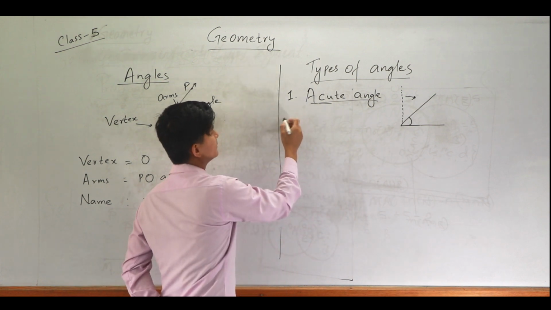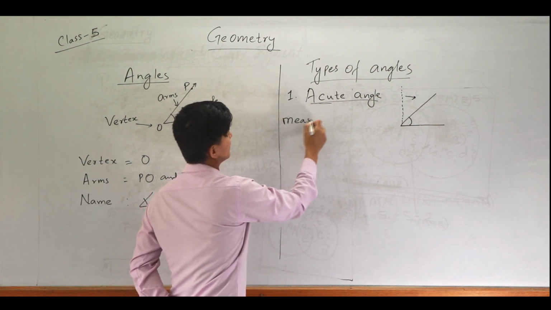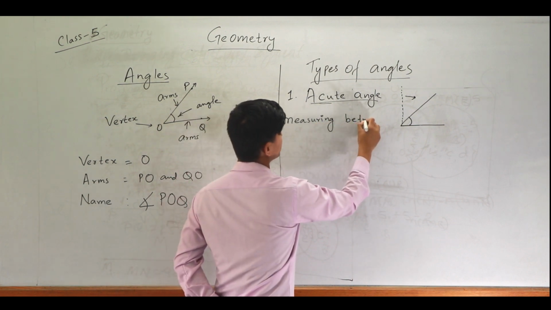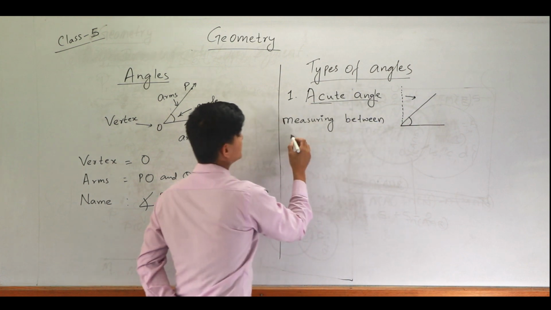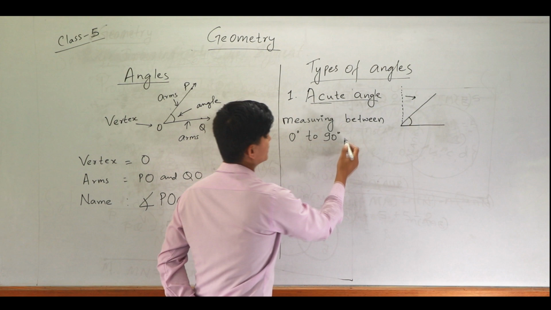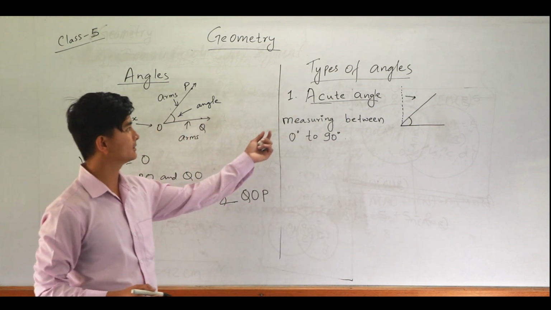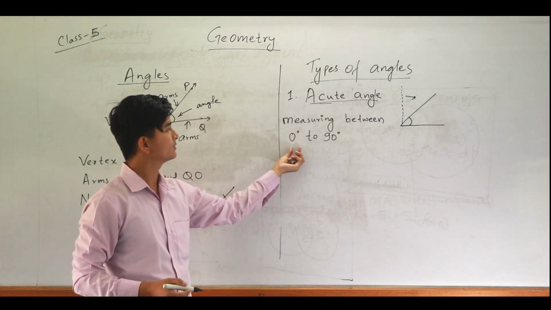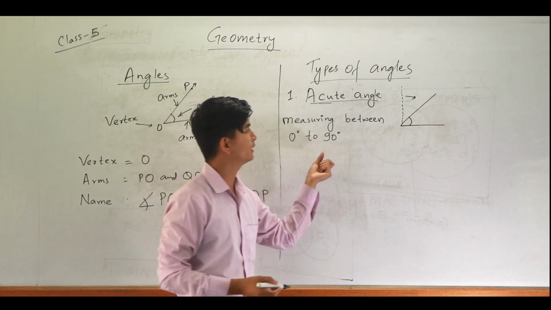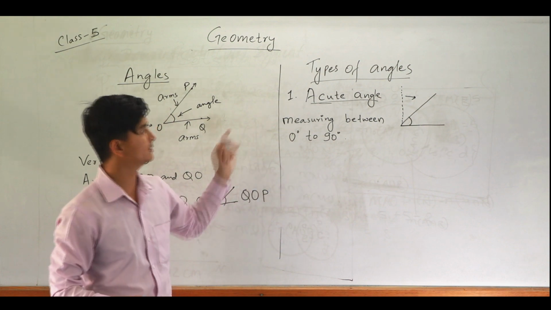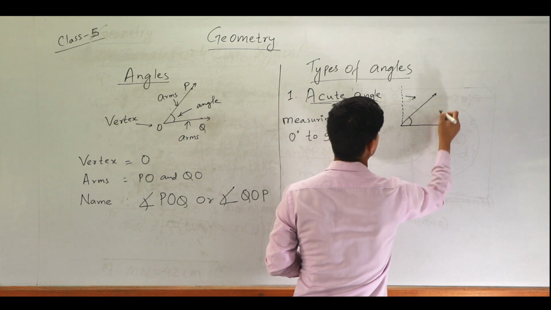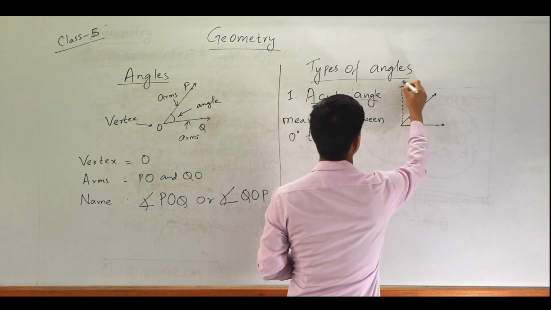So in a simple way, measuring between 0 degrees to 90 degrees, we call it an acute angle. So whenever you find a number between 0 to 90 degrees, it means it is an acute angle. So this is a figure for an acute angle, which is less than 90 degrees.